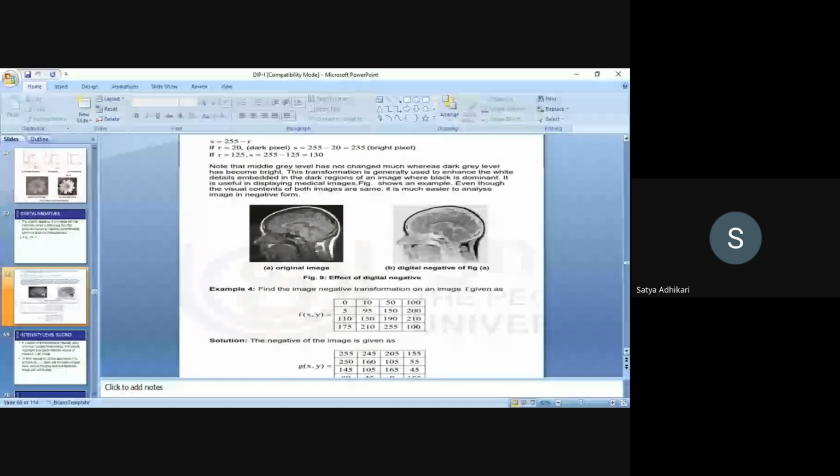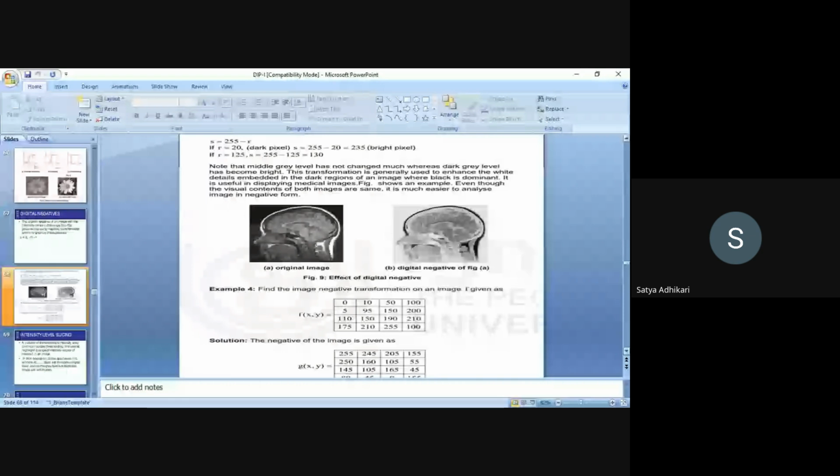What we will get, s is 255 minus 20, 235, which is a bright pixel. 235 is closer to 255. So 235 is a bright pixel as compared to 20. So the negative value of 20 is 235.